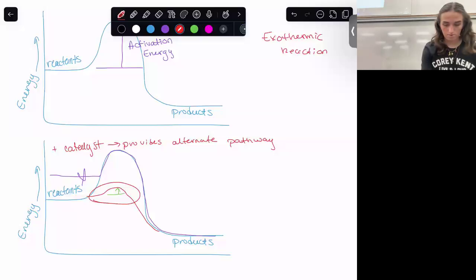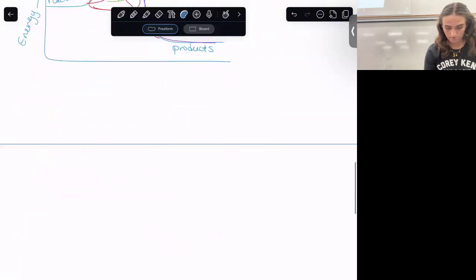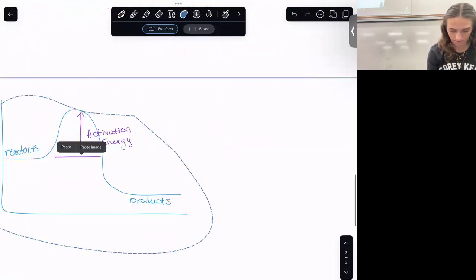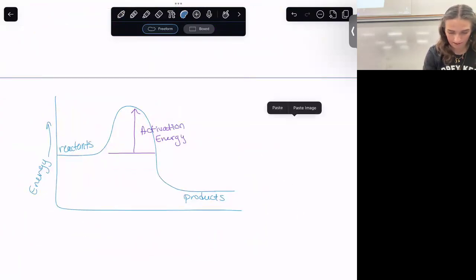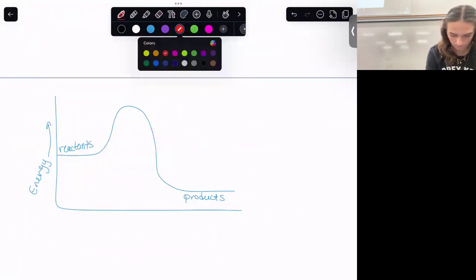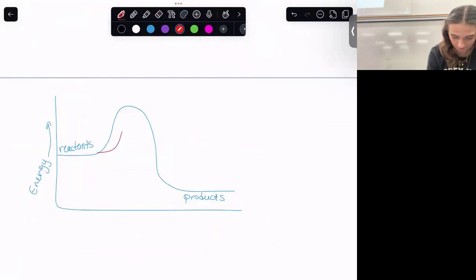We could also have a catalyst. I'll draw it in green. Right, we could also have a catalyst alternate pathway that might have more steps, right, like this, but it still ends up at the product side.